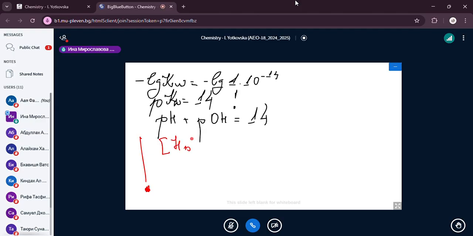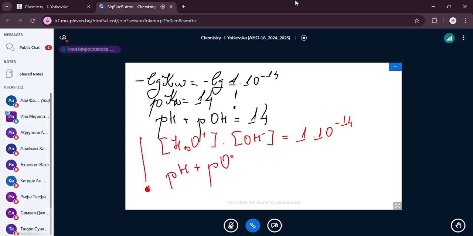Concentrations are presented like this, pH and pOH with whole value. Pay attention.